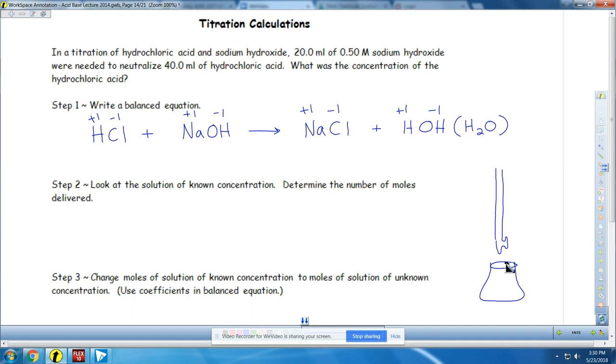So the known molarity is the sodium hydroxide, and that must be in the burette. So the sodium hydroxide is in the burette. The unknown concentration is the solution in the flask. So that would be the HCl.